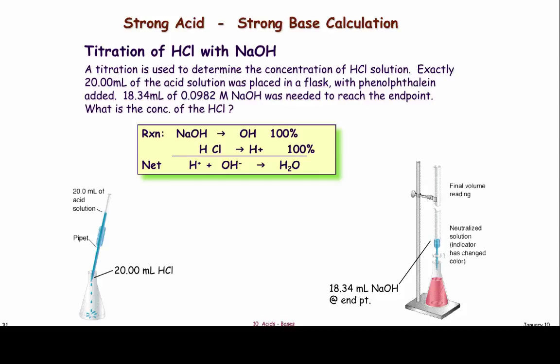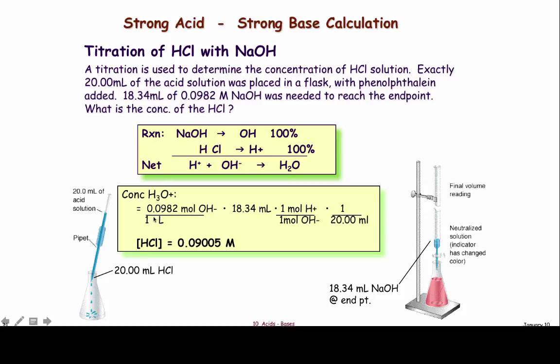Here's an example in which we have 20 mL of acid, that's this right here, being titrated with 0.0982 molar sodium hydroxide, that's this chemical right here, and it takes 18.34 mL of sodium hydroxide. The question is, what is the concentration of the hydrochloric acid?